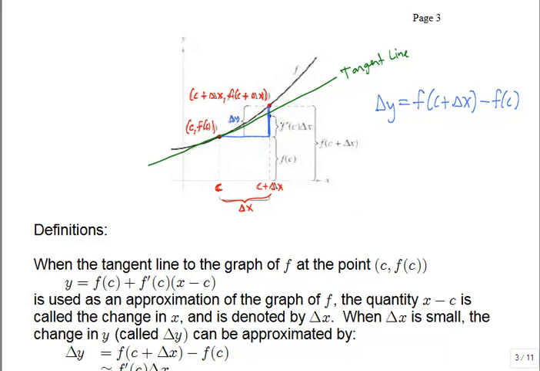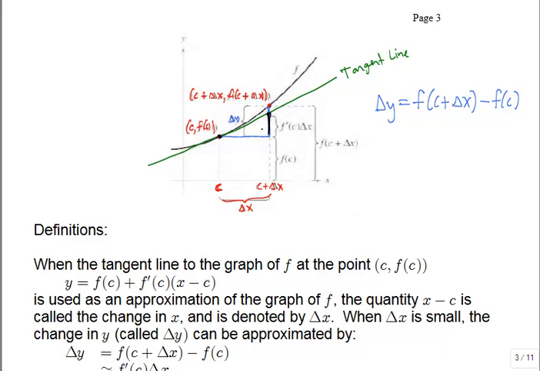We're going to plug this point c plus delta x into our tangent line, which will be this point right here. So the actual change in y can be approximated by this point on our tangent line minus this point on our tangent line, so this black vertical distance right here.